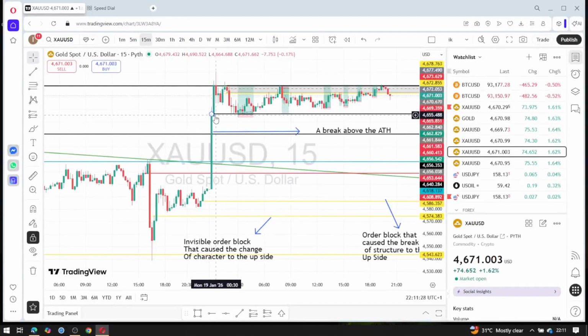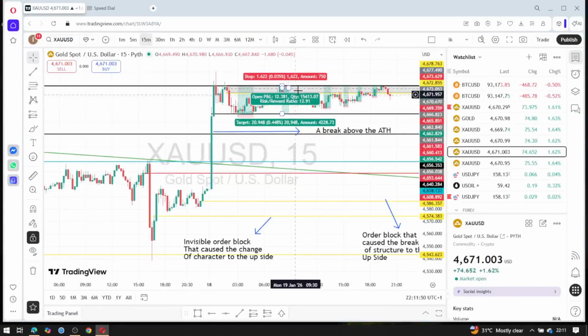We call this an invisible order block, and in some future video, I'm going to tell you what invisible order block means and exactly how to spot them. All right, but the point is that all these trades here were sniper entries. So these are like 6 trades here, but it only happened that I lost one. This one, I lost that one. Although I didn't lose it completely. I jumped out when I had 40 pips profit from that one.